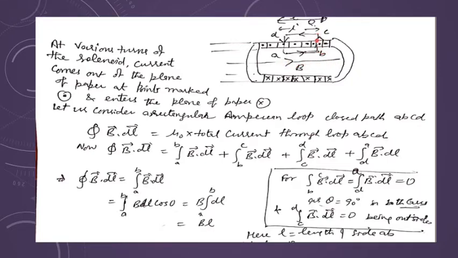Theta is 90 for BC, and for DA also theta is 90. For these cases cos 90 is 0.